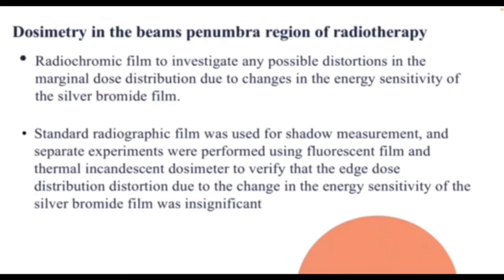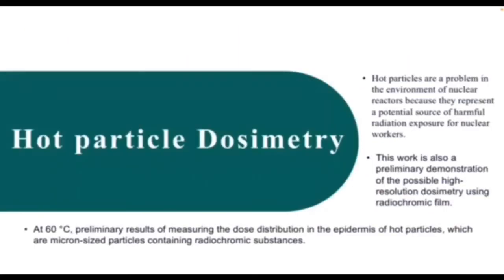The standard radiographic film was used for shadow measurement, and separate experiments were performed using fluorescent film and a thermoluminescent dosimeter to verify that the edge dose distribution distortion due to the change in the energy sensitivity of the silver bromide film was insufficient.